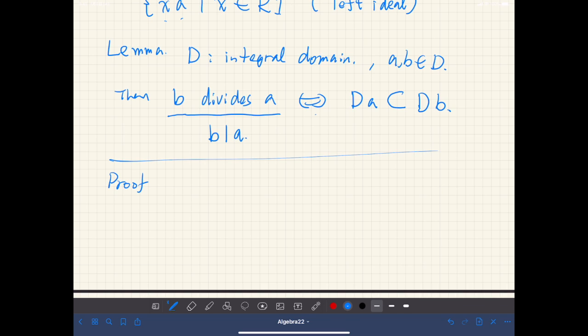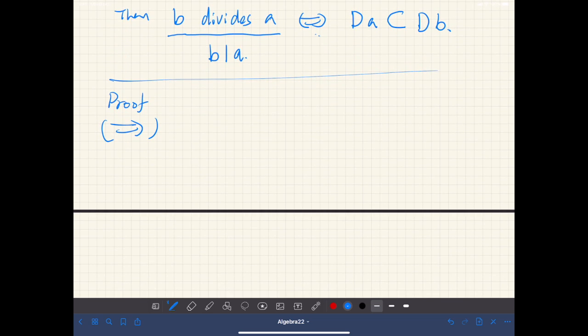Here is the proof. Since this is an if and only if statement, we need to prove both directions. First, let's try the only if part. Suppose B divides A. Then there exists some element C such that A is equal to BC.